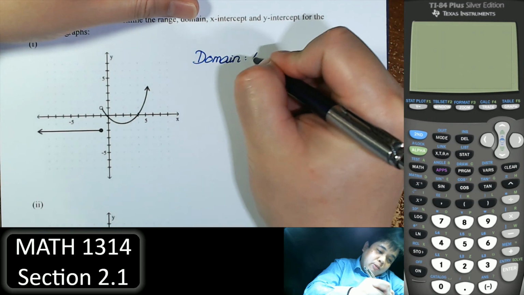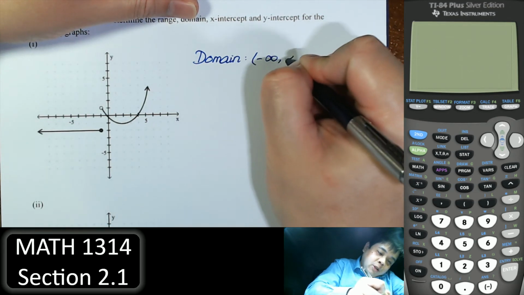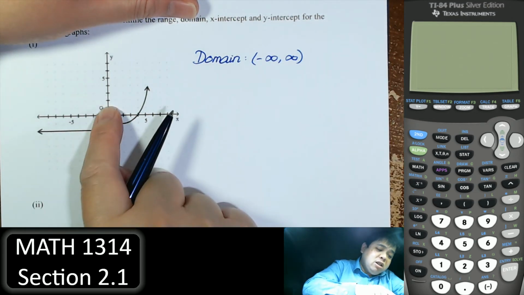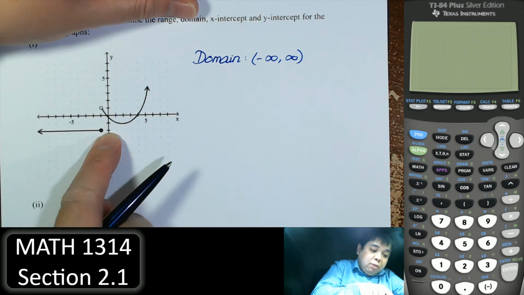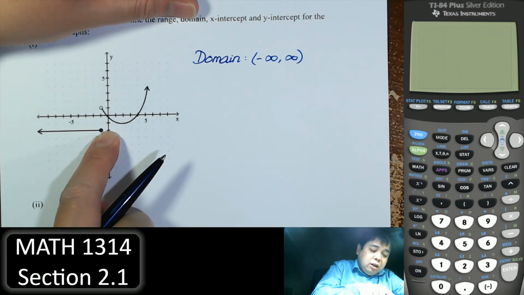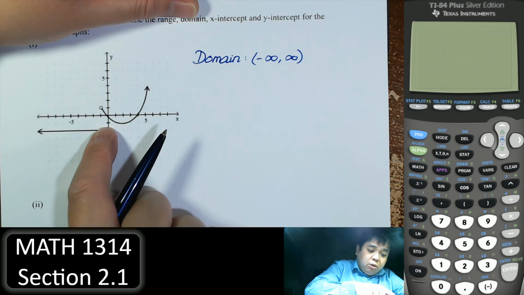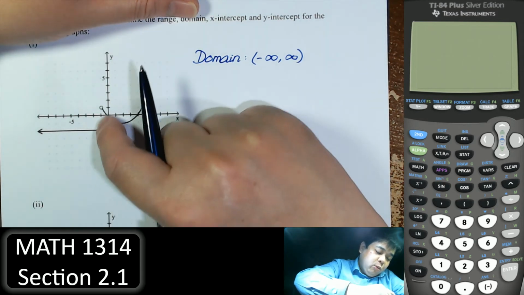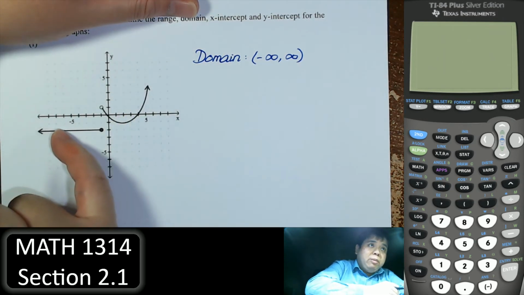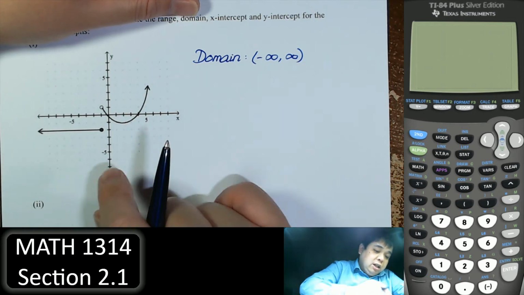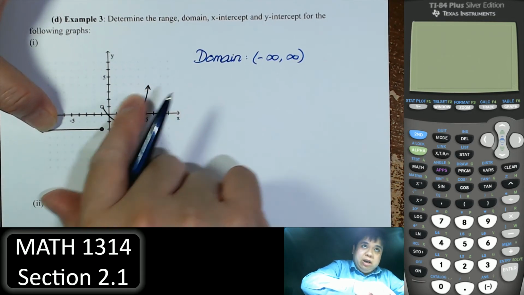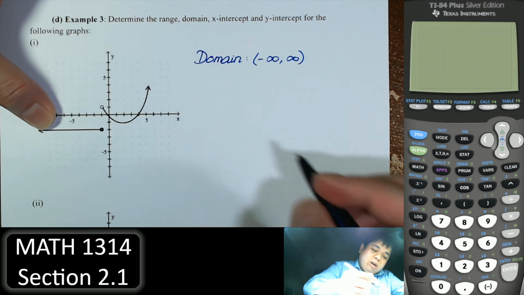So we just go from negative infinity to infinity, even though this is an empty circle here, but we go up to that point, and then the circle. There's a point at negative 1. The arrow pointing this way means going indefinitely to negative infinity, and this arrow means going to positive infinity. So that's what we have here.